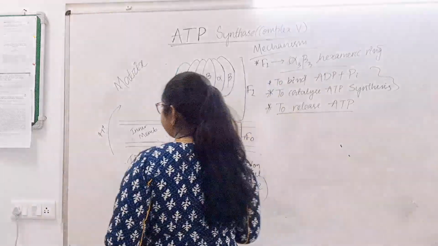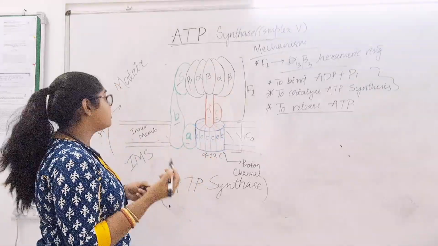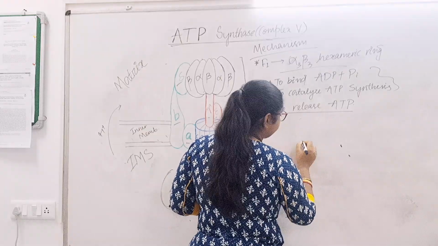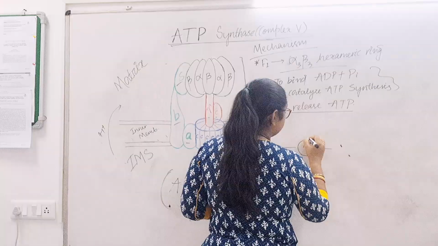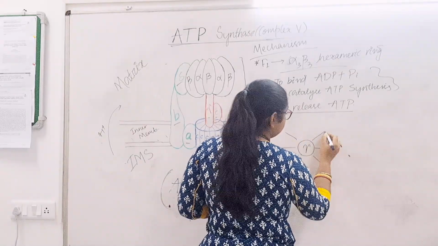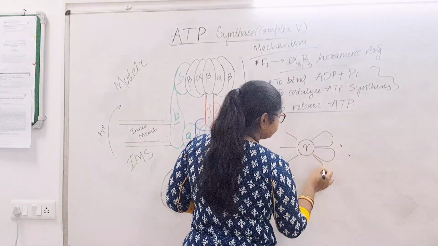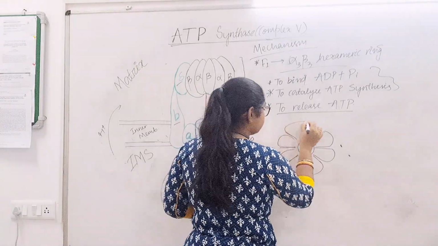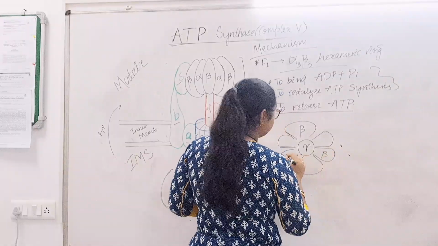Now what happens? If I draw the alpha beta ring in a horizontal structure, we can see the gamma is running through, so it is the center of it, and there are 3 alpha, 3 beta. So let's say it is beta, beta and beta, these are alpha.